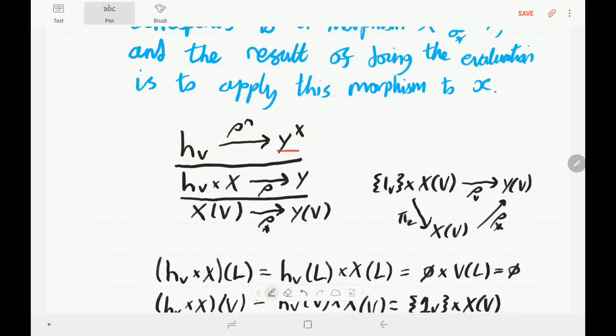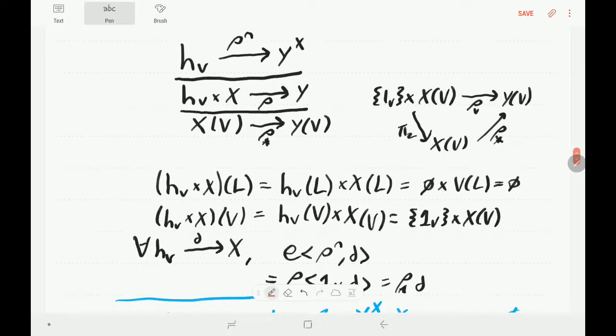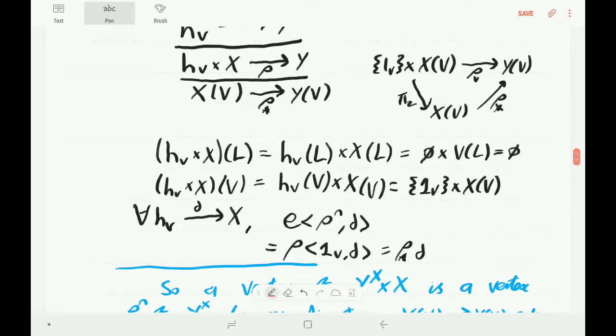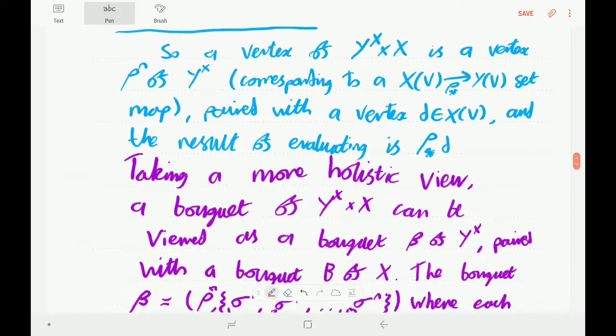A vertex of the exponential object corresponds to a vertex map from x to y. That'll be paired with a vertex of x in y to the power of x times x. And all we basically do is apply that map on that vertex to get a vertex of y, okay?